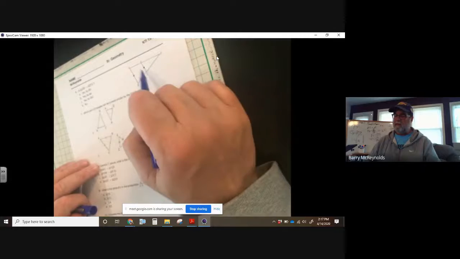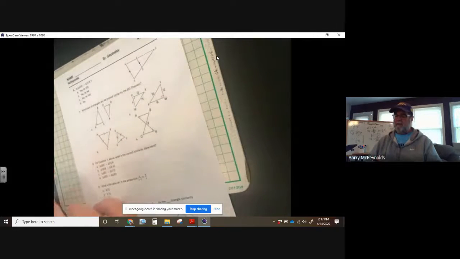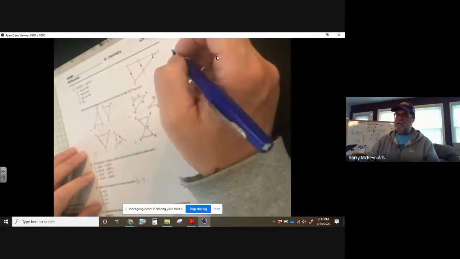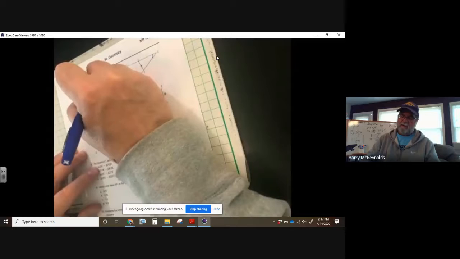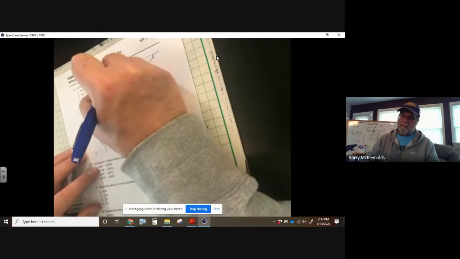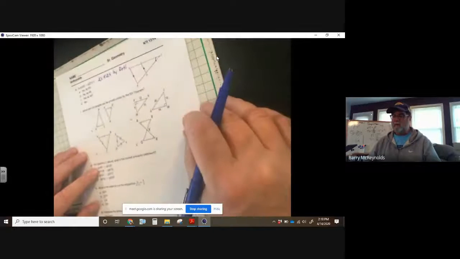I'm sorry, yeah, ZYX. That's the smaller triangle. So the first thing we notice is that both of them share angle X. So we can say that angle X is congruent to angle X by the reflexive property. So that gives us the angle that we need.